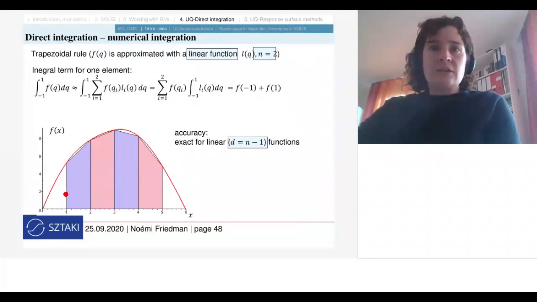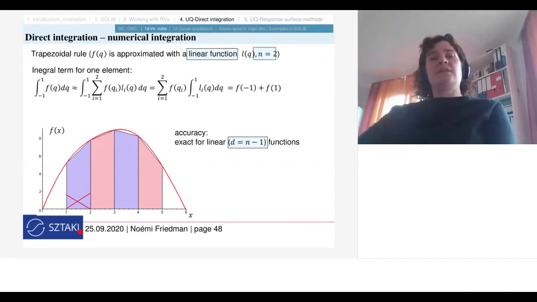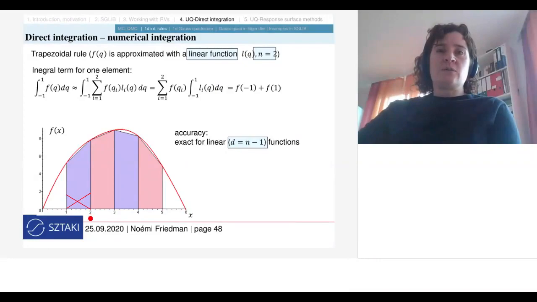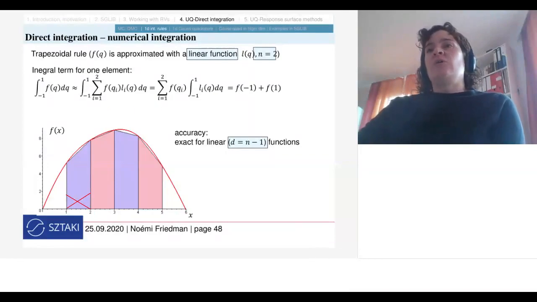Just a second, one looks like this and the other one looks like this, where this is 1 and this is 1, and by the linear combination of those 2, I get a linear approximation of f, and I can compute this integral term like that. So the accuracy of this numerical integration with n points is n-1.